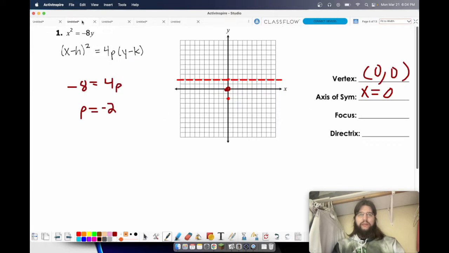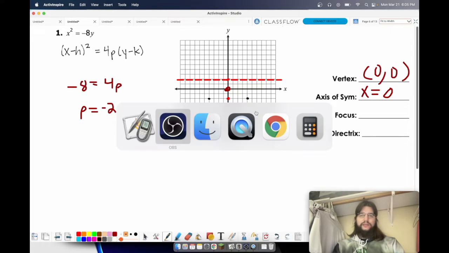If we go p units away from our vertex, that is the focus. And then if we double that, 1, 2, 3, 4, this should be a point. 1, 2, 3, 4. And this should be a point on the parabola.